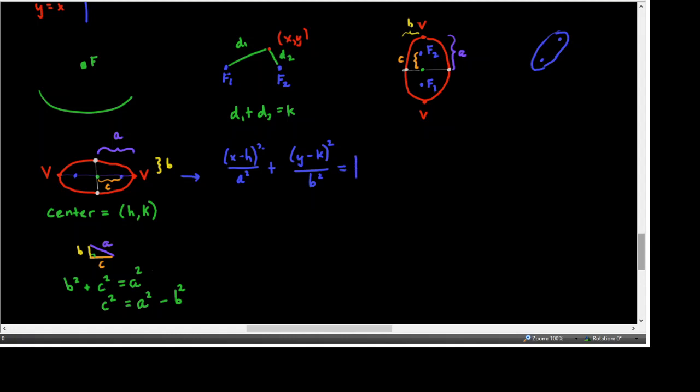So a couple of things I want to point out here. Notice a squared and b squared will be things you can identify easily from the equation. And this equation down here will be used if you want to find out what c is.